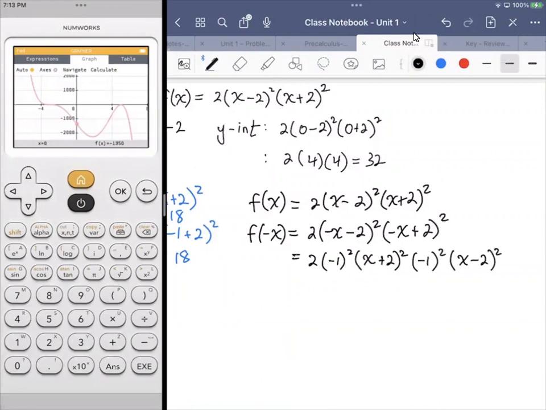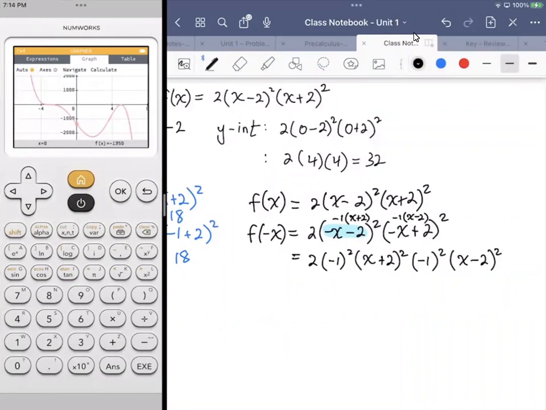All right, because what I'm doing, I'll just show you the side work here. I know not everybody needs it, but I'll do it anyway. This can be thought of as negative 1 parentheses x plus 2. And this one could be thought of as negative 1 parentheses x minus 2, just factoring out a negative 1.